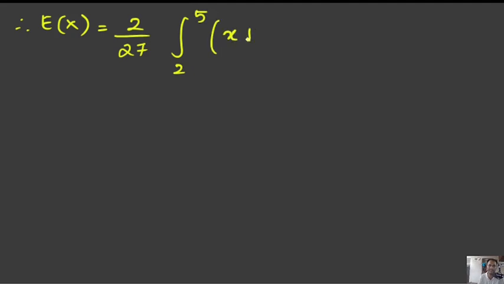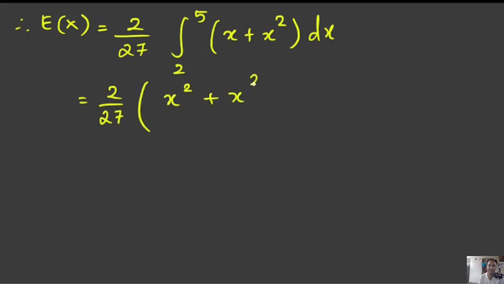Now let us integrate this. Therefore E(X) is 2/27 times the integral from 2 to 5 of (x + x²) dx. So 2/27, and then you have x²/2 plus x³/3, from 2 to 5.